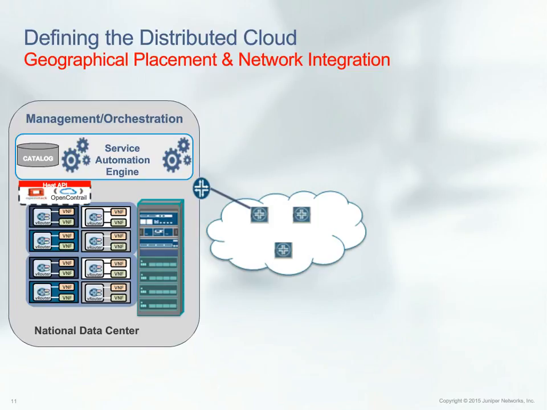Where would we physically look at distributing this cloud from a topology sense? If you look at this particular slide, I first show the national data center. This is where maybe your heavy iron is placed. A lot of your virtualization, compute power, storage, as well as your management and orchestration capabilities associated with the cloud would sit.